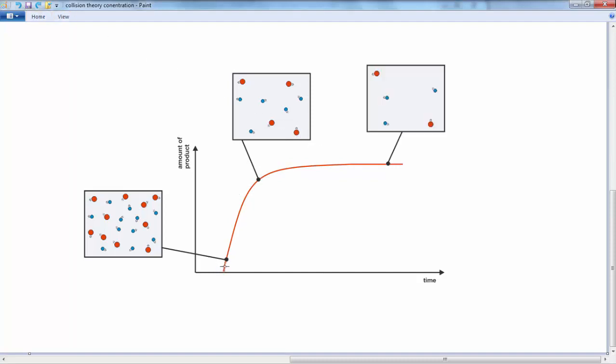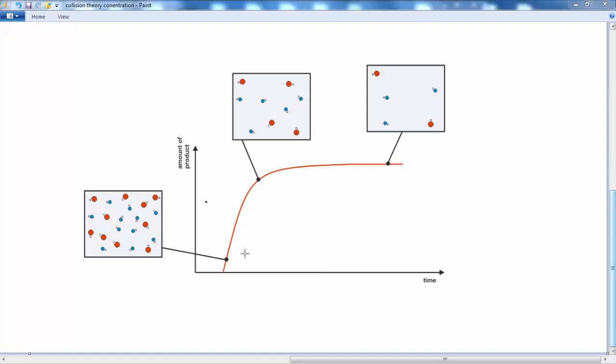So the curve is steep here, it's less steep here, and finally when we're getting to this point, the curve is nearly horizontal because nearly all of the reacting particles have been used up. The concentration at this point is very low, and eventually the curve will become horizontal when all of the reacting particles have been used up and the reaction effectively stops.